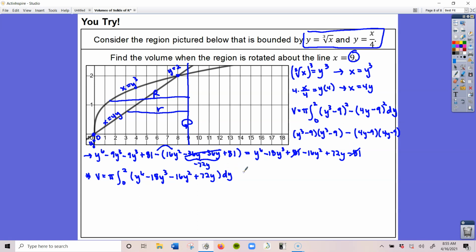So now let's integrate. So we have pi times y to the 7th over 7, minus 18y to the 4th over 4, which we can simplify if you like. 18 over 4 can be simplified by 2, which will be 9 over 2.